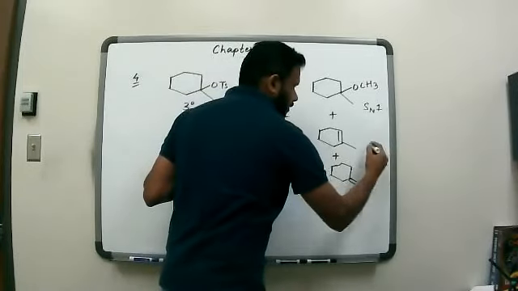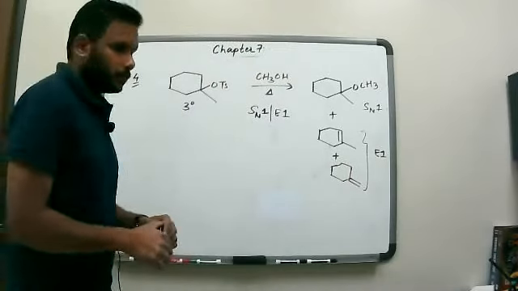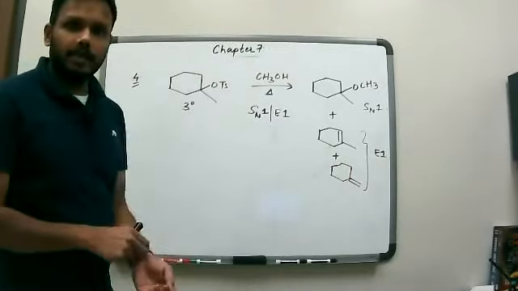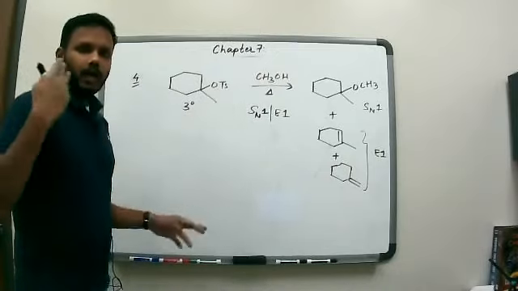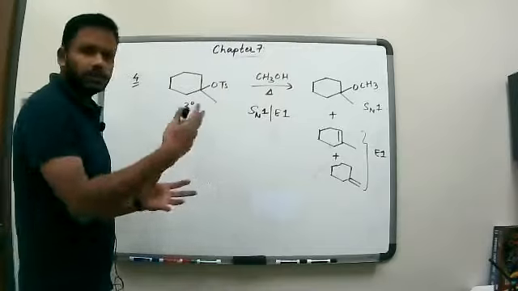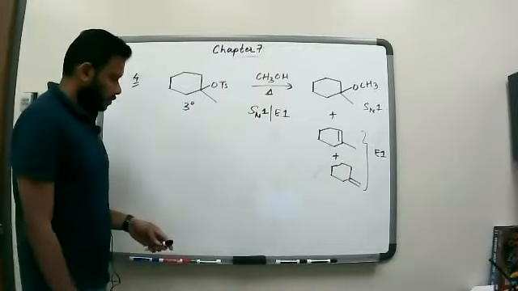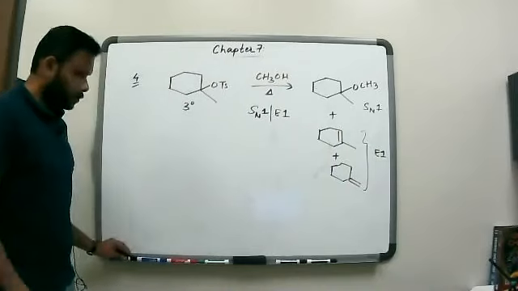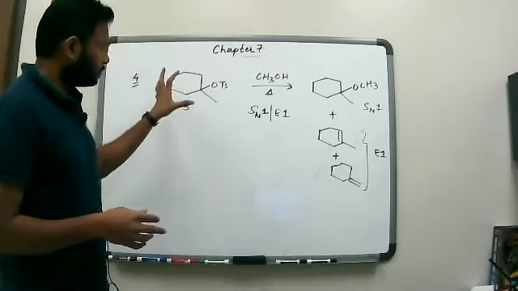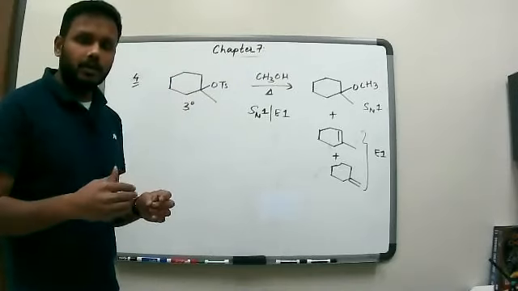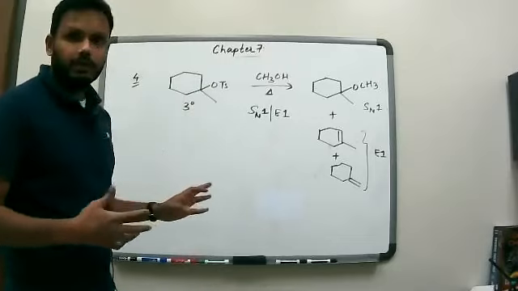Both of these are our E1 products. So everything is the same as alkyl halide. You basically treat that tosyl group as an alkyl halide, and it's going to give you a similar sort of reaction. Okay, so that is everything about the first strategy, where the alcohol is converted into a tosyl ester, and then we use the tosyl ester for doing the reactions.